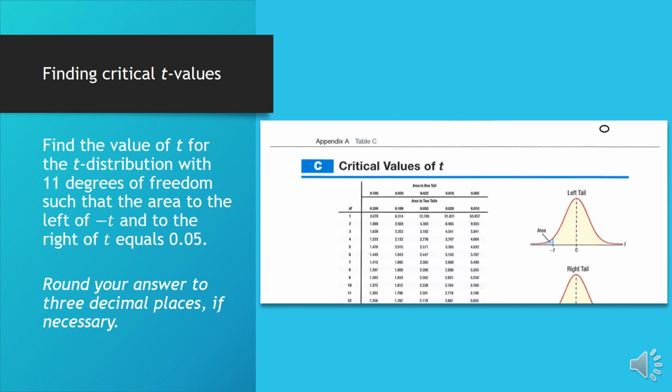My computer was working really slow today. And then I am just finding the intersection of that column and that row. And that tells me my critical t-value. So my critical t-value is 2.201.